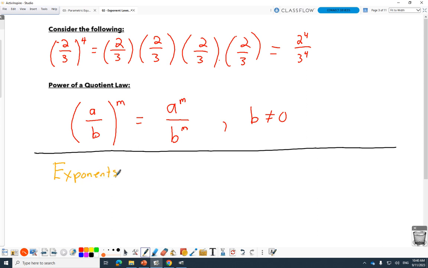I want this sentence to be as short as I can and still have the ideas in it. Exponents distribute over multiplication or division. Yes, that's good.